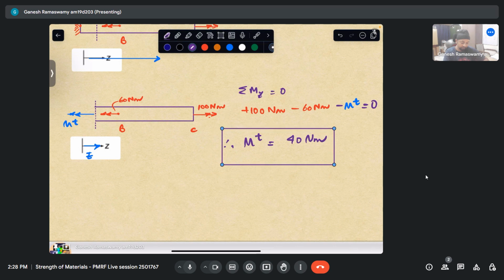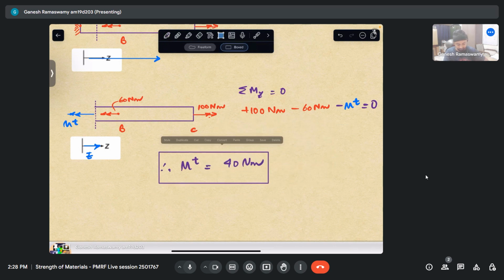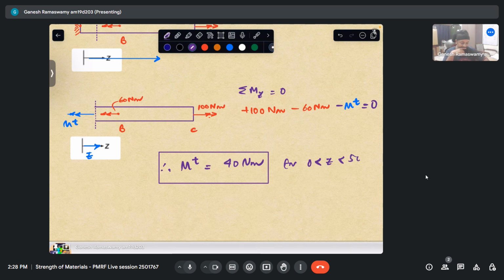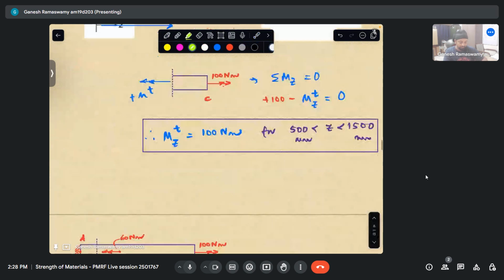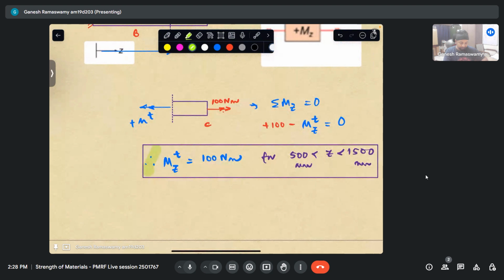And this is valid for 0 less than z less than 500, where point B is at 500. So from 0 to 500, mt is coming out to be this. From 500 to 1500, mt is coming out to be this.